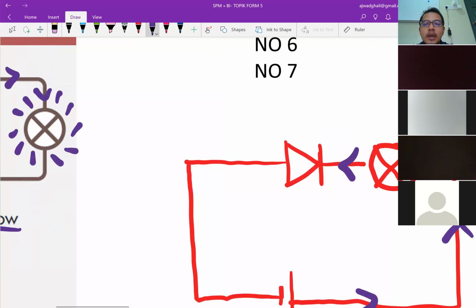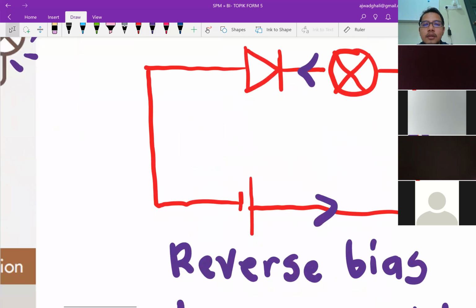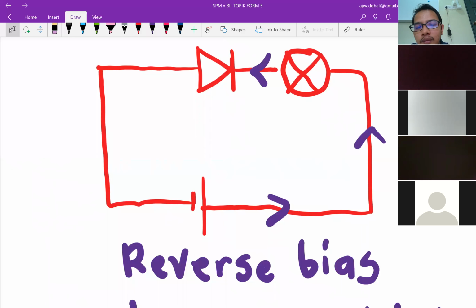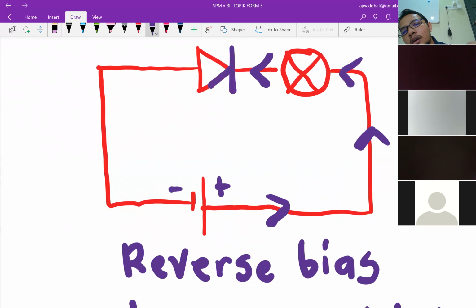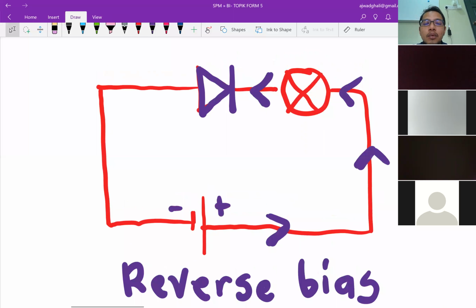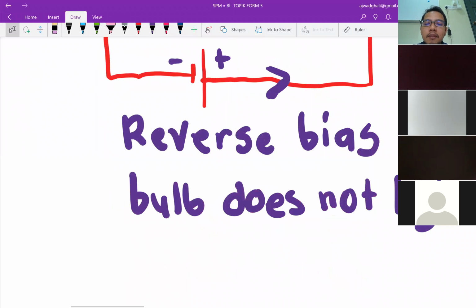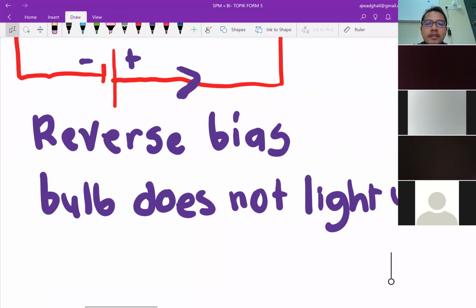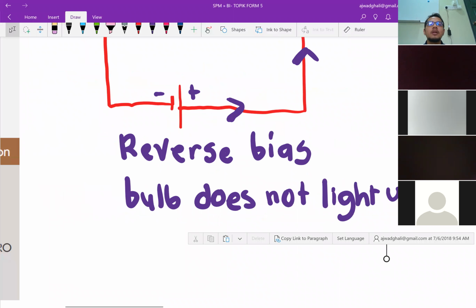If you arrange it in this way, positive and negative, current flows from positive to negative, but there's a wall. So current cannot pass through the diode. So this bulb will not light up, and this arrangement is called a reverse bias.